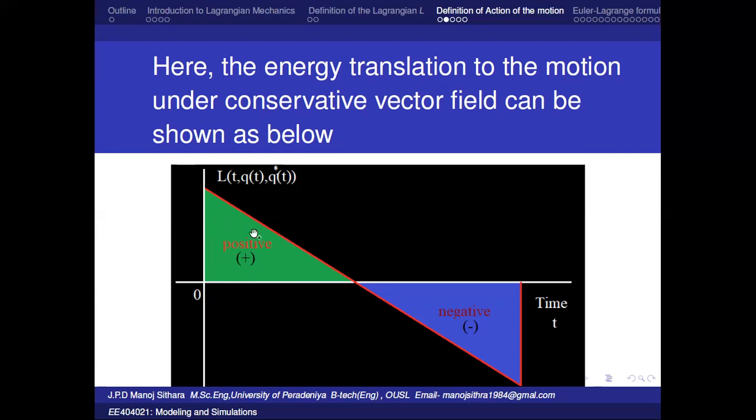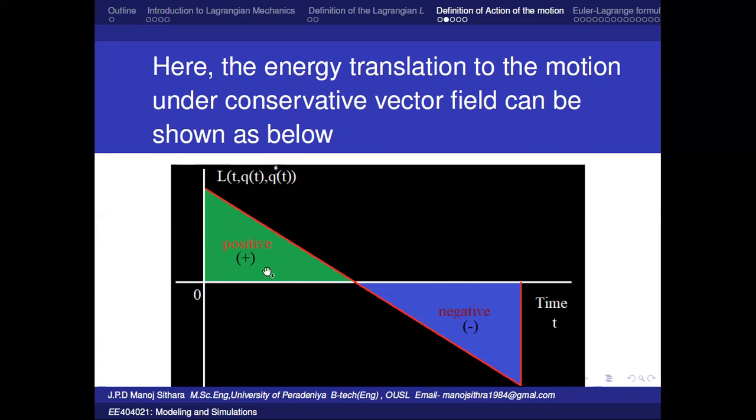That means if we throw a stone towards the sky, we can have very large kinetic energy with actually no potential energy if we consider the Earth as the reference point for the motion that we consider under the conservative vector field.